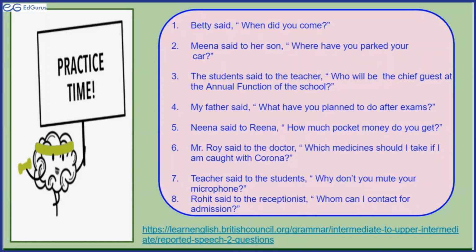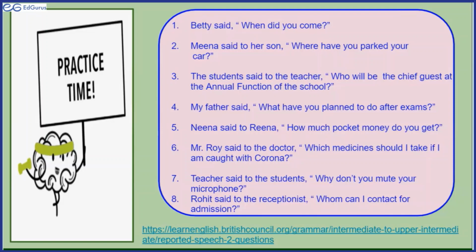Meena asked her son, but do remember, in interrogative questions you will always use the reporting verb as asked, questioned, or inquired. Any of these. Suppose you don't understand whether to write inquired or questioned, then asked.